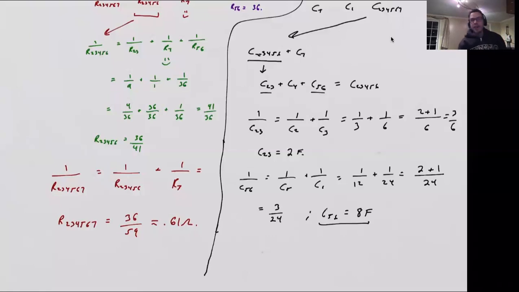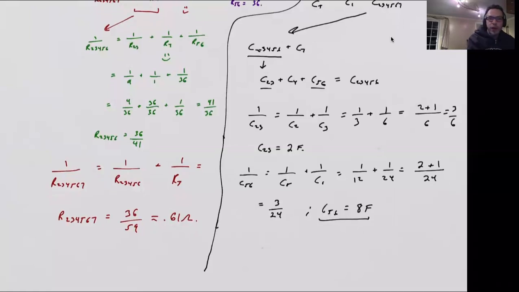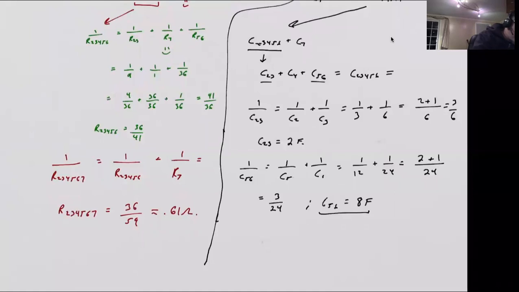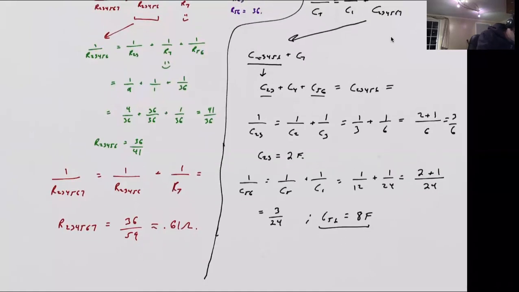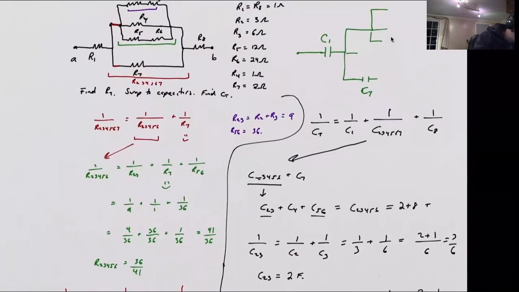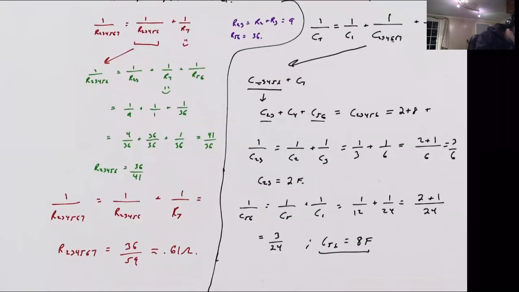So if we have C5, 6 and we have C2, 3, then we can get C2, 3, 4, 5, 6 from up here. That is going to be 2 plus 8 plus whatever C4 was, and C4 was just 1. 11. Oh God, 11 is going to make for an awful number in a denominator, but that's what I get for choosing these at random. Okay.